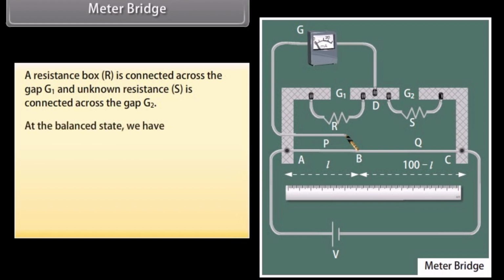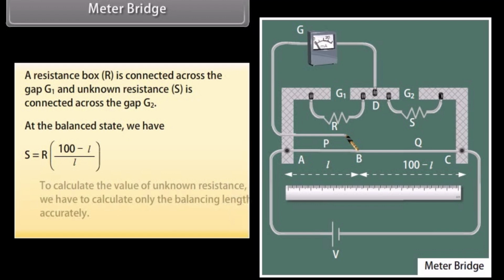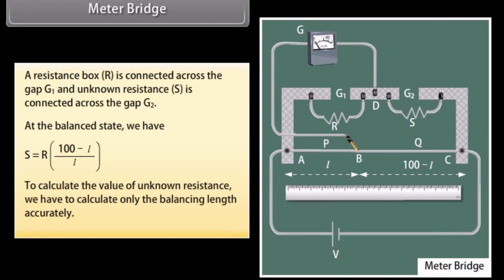At the balanced state, we have S equal to the product of R and (100 minus L) upon L. To calculate the value of unknown resistance, we have to calculate only the balancing length accurately.